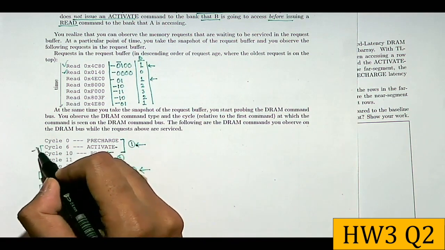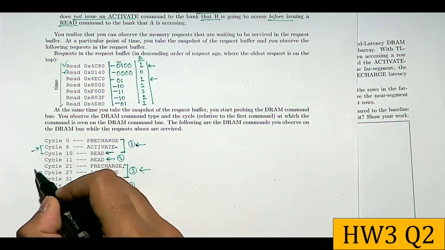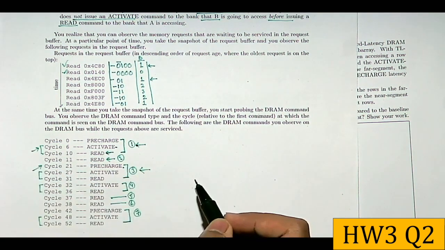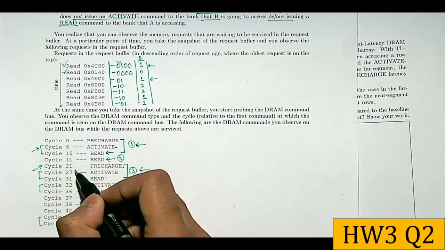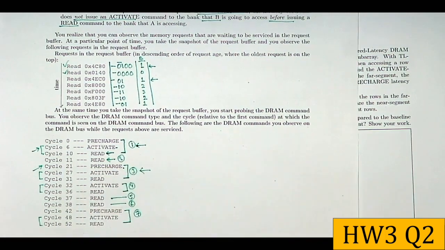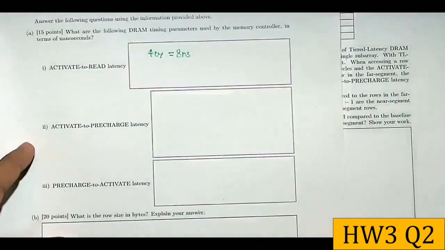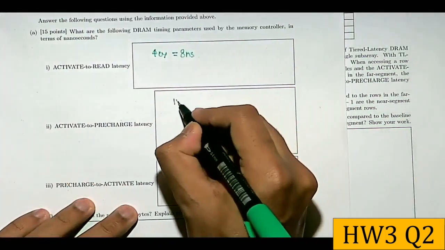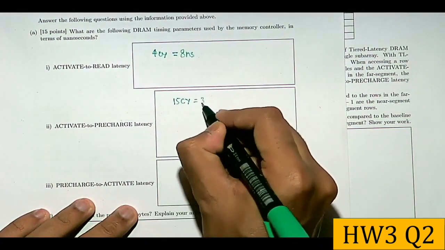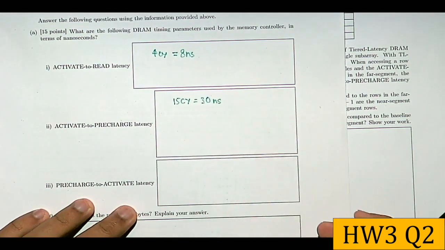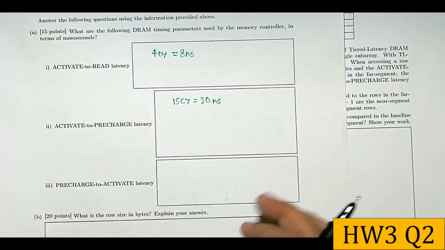Cycle number 6 and cycle number 21. Does that make sense? So that gives us a cycle difference of 15 cycles. 15 cycles translates to 30 nanoseconds. Does that make sense? Okay, yeah.